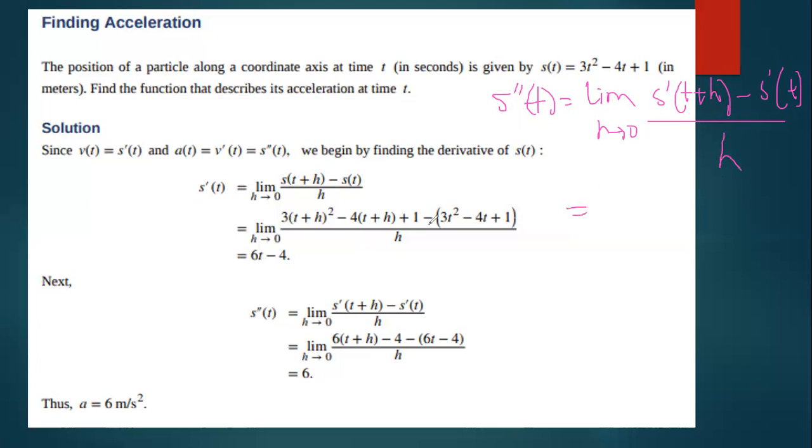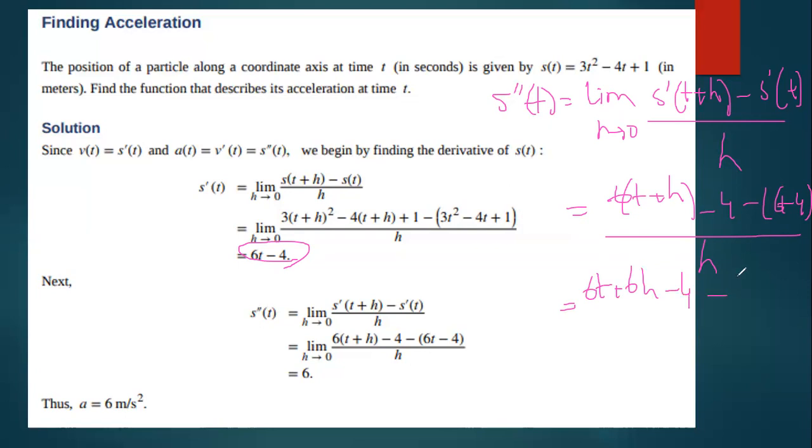So what is the value of s'? This is 6t minus 4. So it will be written as 6(t + h) minus 4 minus (6t minus 4) divided by h. So it will be 6t plus 6h minus 4 minus 6t plus 4 divided by h.